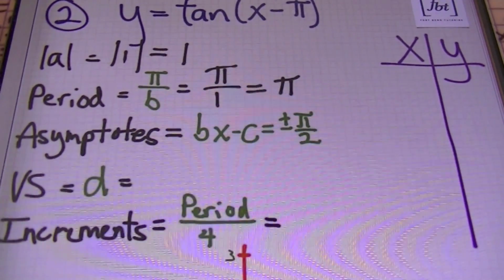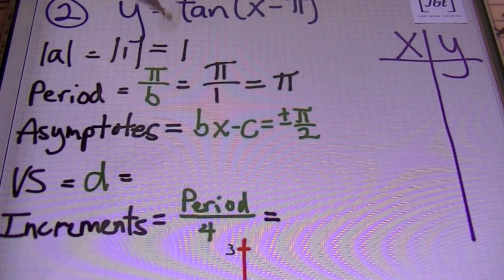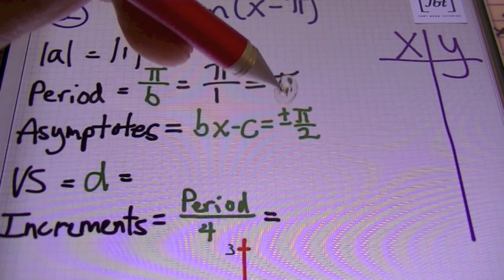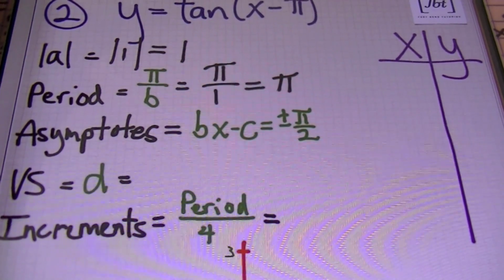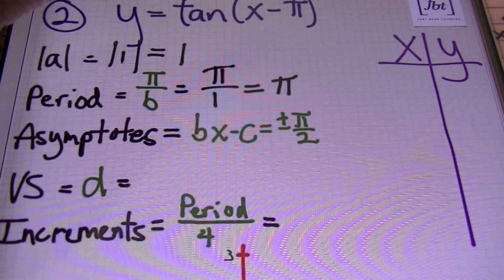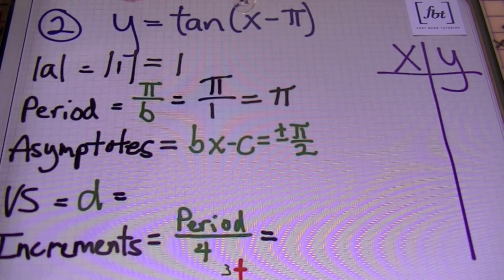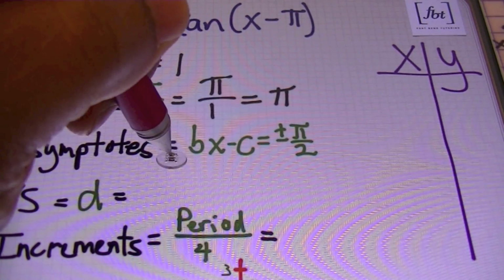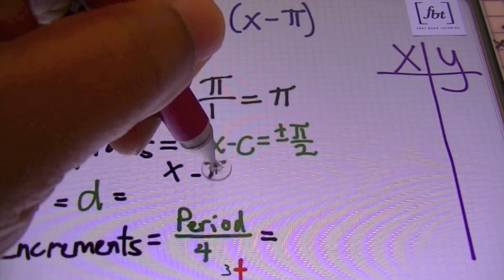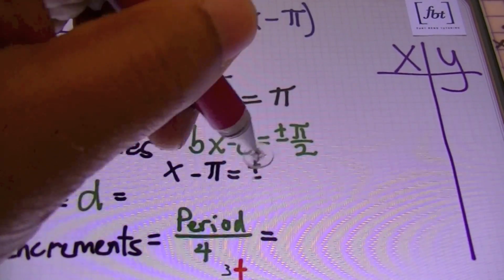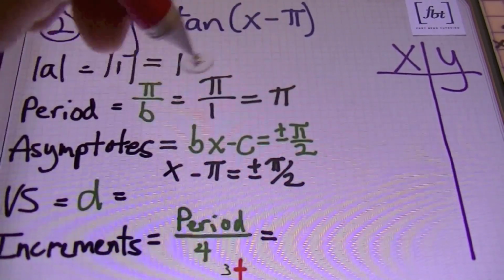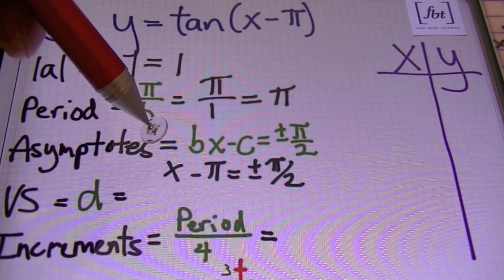Next, for my asymptotes, all right, I'll use bx minus c equals plus or minus pi over 2. So plugging in this bx minus c value here, that x minus pi, I'll be using that as my bx minus c. So therefore, the equation is x minus pi equals plus or minus pi over 2. So this will be the equation that you solve for.